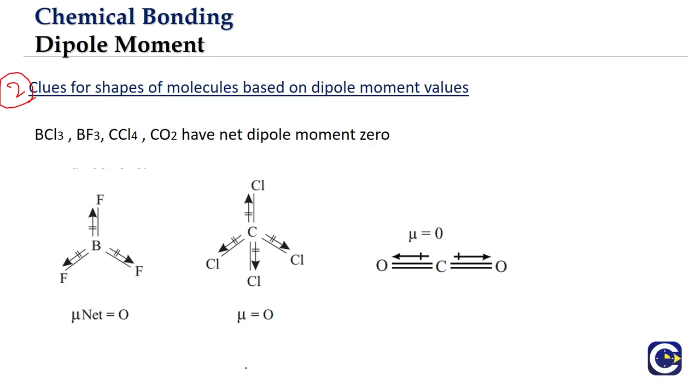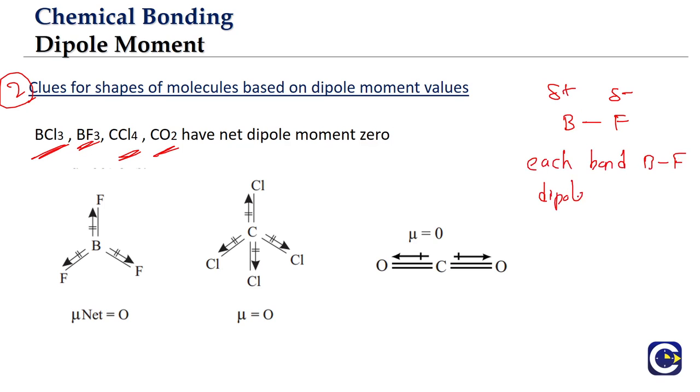If you look at some of the molecules like BCl3 or BF3, CCl4, CO2, we know as a matter of fact in BF3, fluorine is more electronegative, it will have partial negative charge, boron will have partial positive charge. So each boron fluorine bond is polar, it is having a dipole moment, correct?